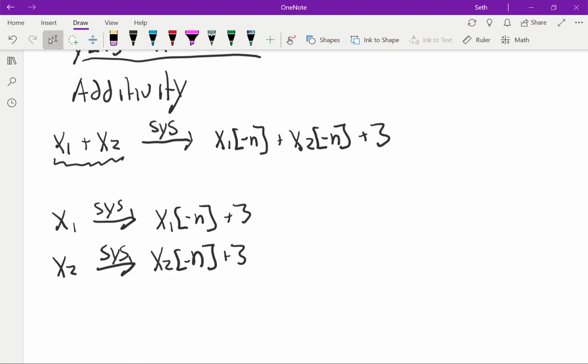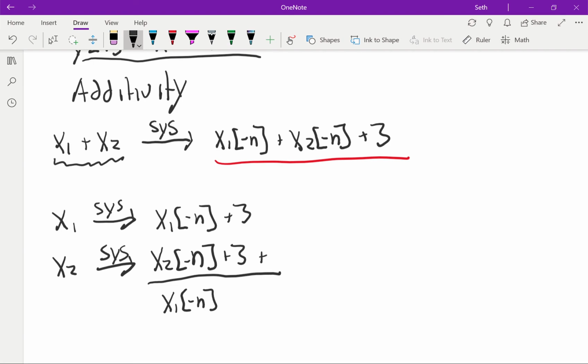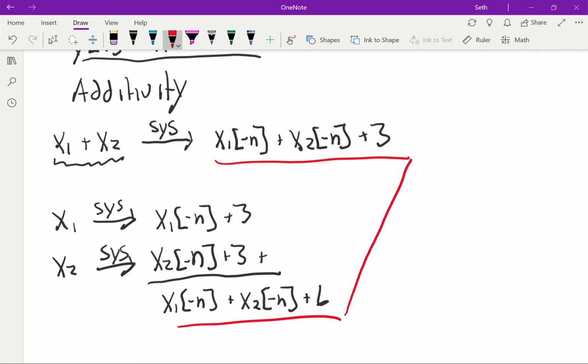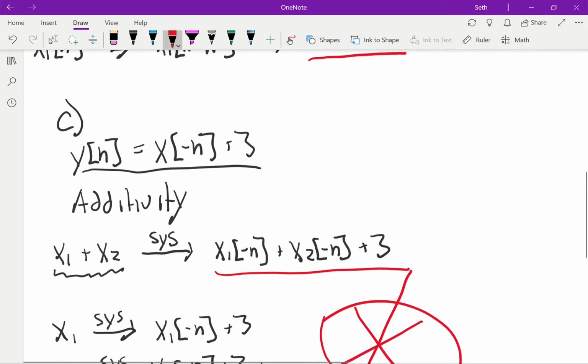Okay, so if the law of additivity, sorry, I keep saying principle, but it's law of additivity, if it's true, in this case, when we add these, we should get this. But you probably can already see that we're not going to get that. We get x1 of minus n plus x2 of minus n plus 6. And these are not the same. So this system is not linear.